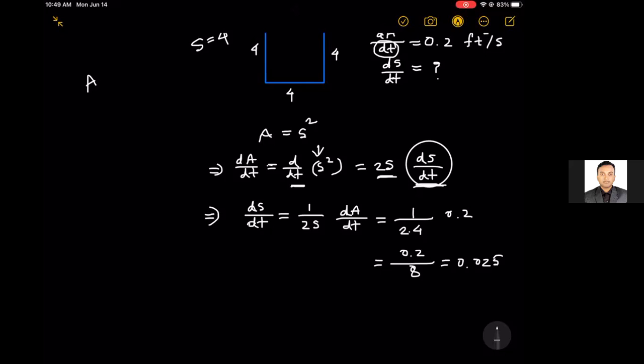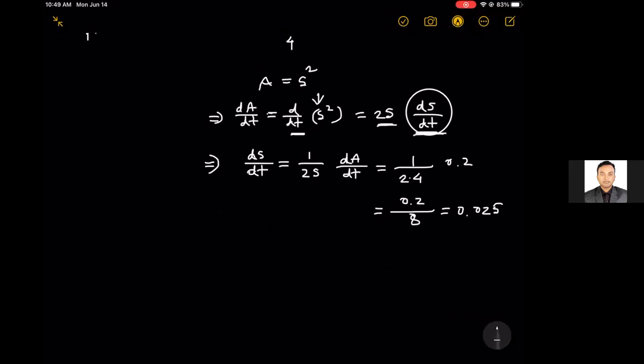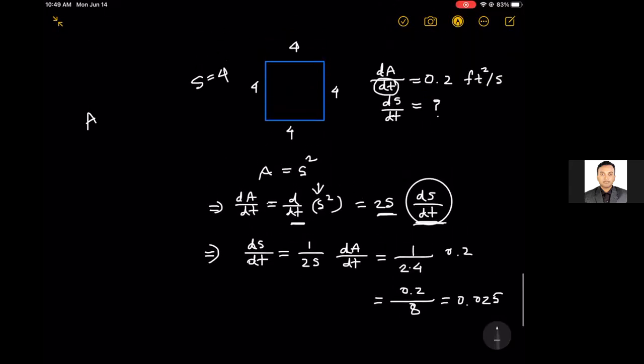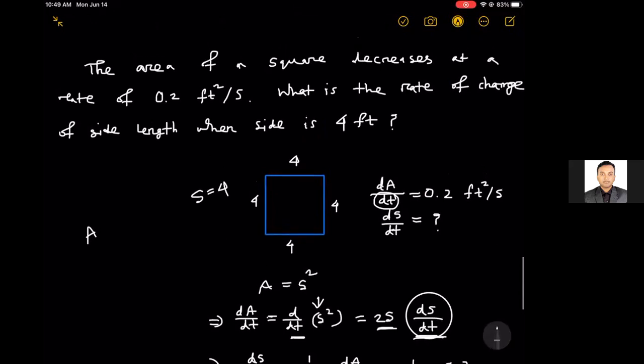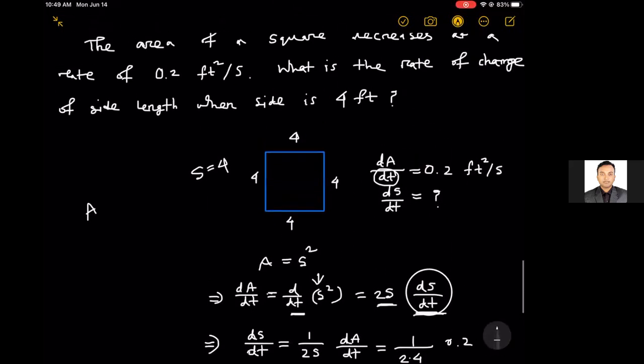And this is my answer. This is the rate at which the side lengths are changing. Oh, I guess I got it wrong.